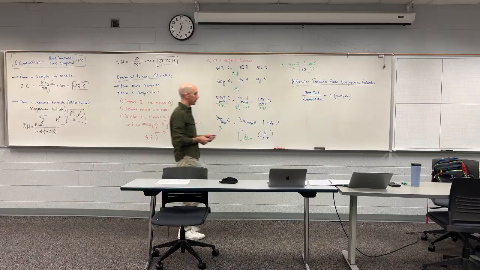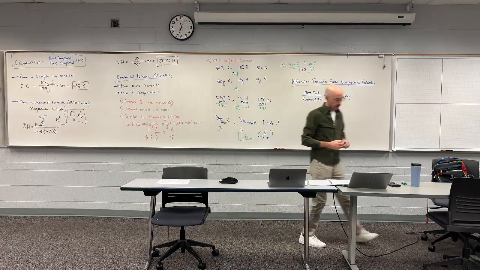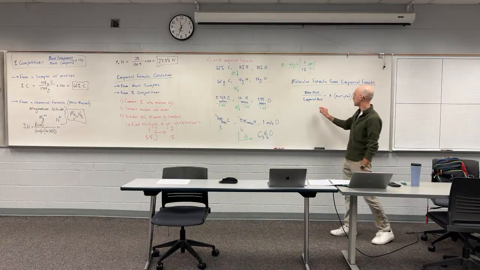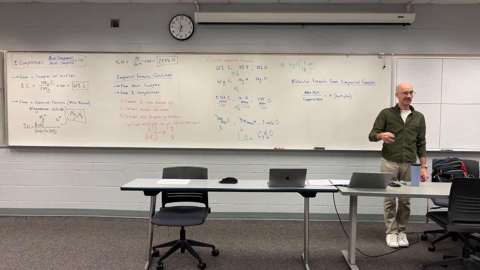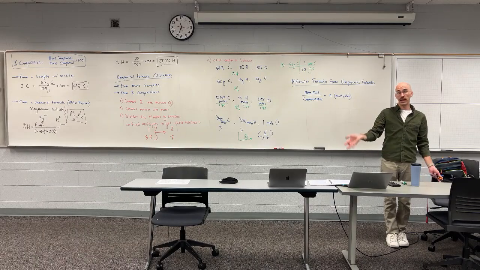So for this compound, we have a molar mass of 58. This is something that has to be given to you in a problem. It is not something that you can determine on your own. If you're not given the molar mass, you cannot determine the molecular formula.